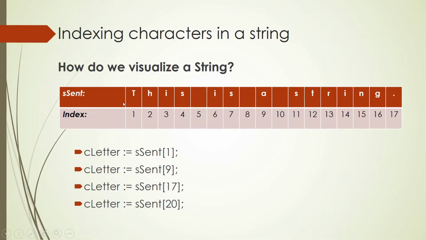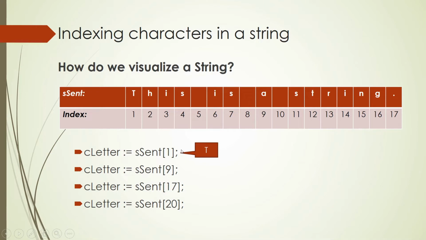So this particular string, 'This is a string.', starts at index 1 and ends at index 17. So how do I extract individual characters from a string? I created a variable called cLetter. Sent of index 1, and note, to denote the index, it's in square brackets. So if I want to extract the first character of the string sent, what will it return?